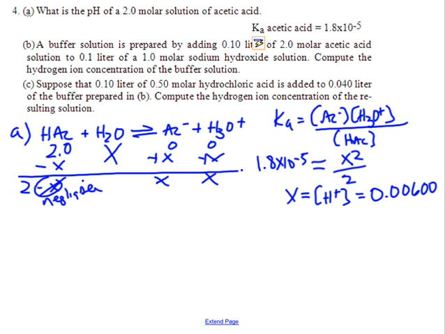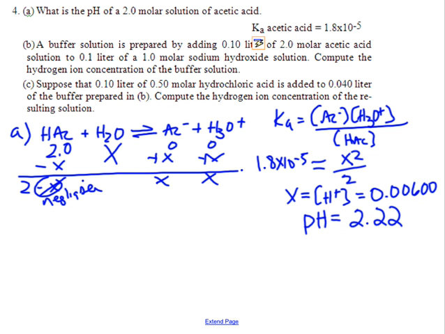And then they ask for the pH, so how do I find that? Negative log, and we get 2.22. We'll stick with 2 because of the 2.0 molar and the 1.8 K. 2.22. So you guys got that, right? Other than just being incredibly tedious, it's not hard. All right. So now let's look at B. And this is how these problems are layered. They start out easy, and then they start ramping up a little bit.